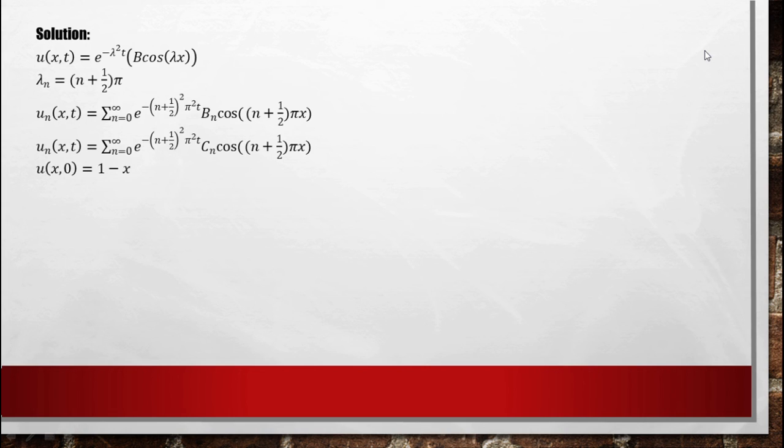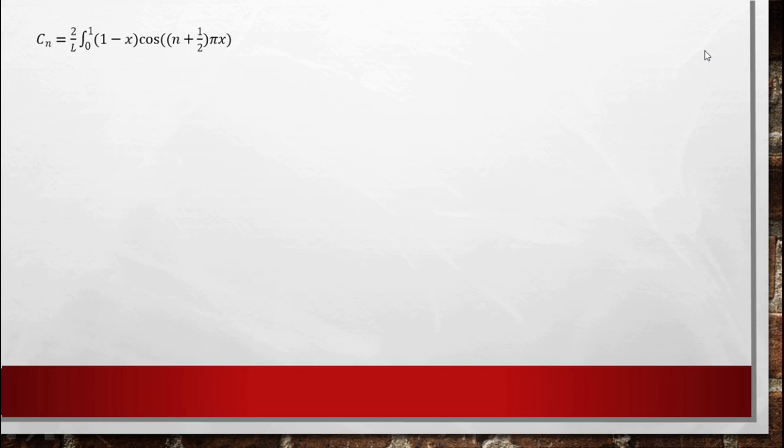Replacing bn with cn and substituting t with 0, we will get u(x,0) = the summation from n = 0 to infinity of e^(-(n + 1/2)²π²·0) cn cos((n + 1/2)πx) = 1 - x.